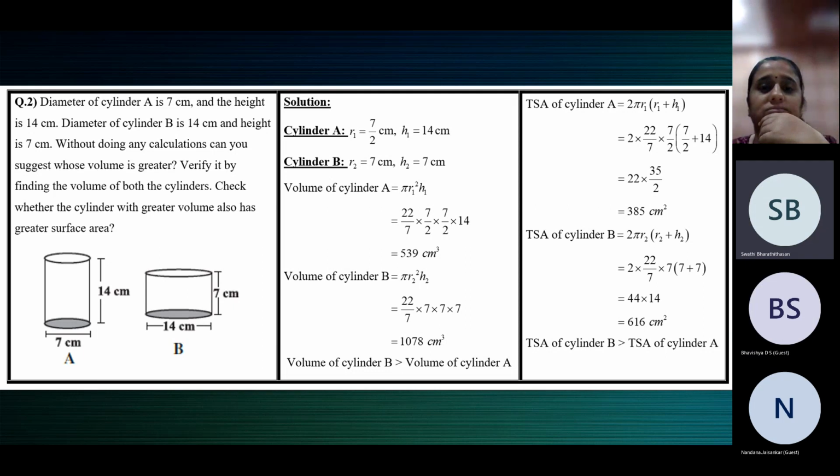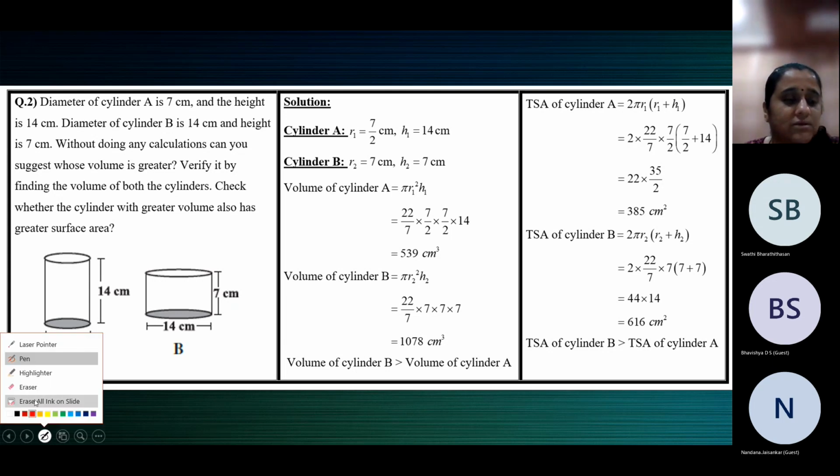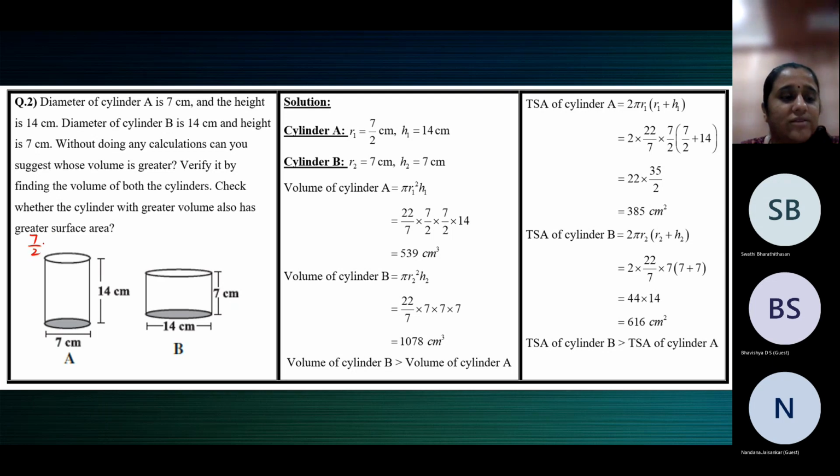Yes, ma'am. Okay. Because both are cylinders, don't use pi. Simply work r square h. For A, r square is 7 by 2 into 7 by 2, into h, which is 14.